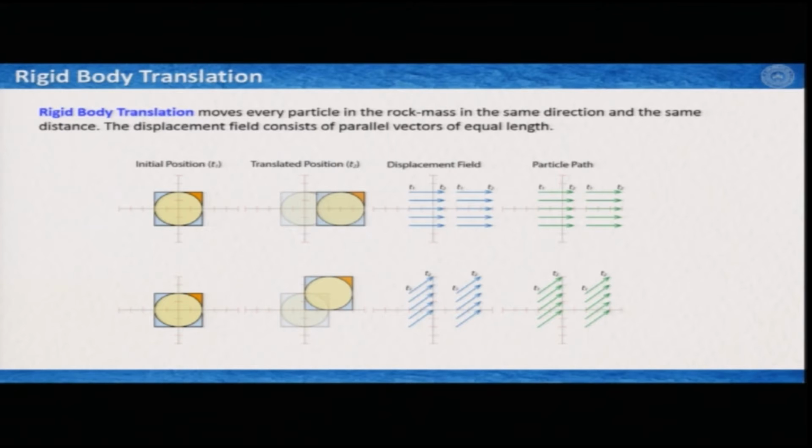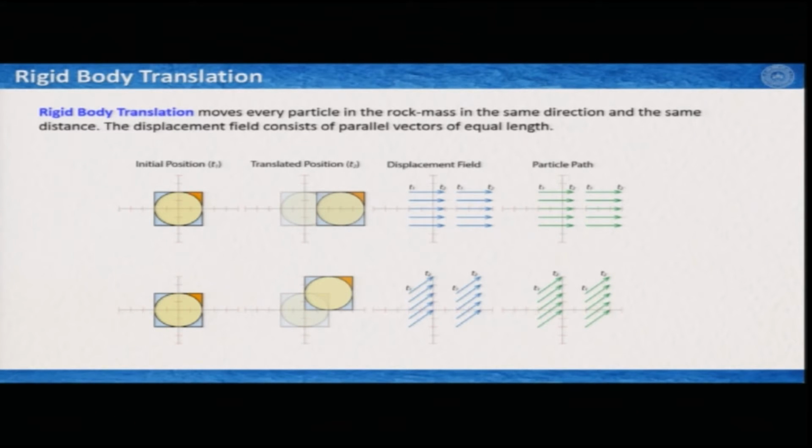I have 2 examples here. In the first column, we have the initial position or initial form or initial shape of this object. What I have here is a coordinate frame, and then I have a circle inscribed in a square. To mark the orientation, I have made one end of this square orange.